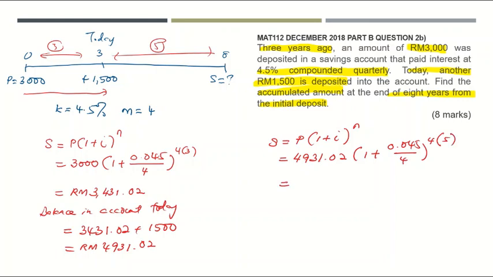Calculate this: 0.045 divided by 4 again gives 0.01125, plus 1 gives 1.01125. Then take it to the power of 20, which is 4 times 5.